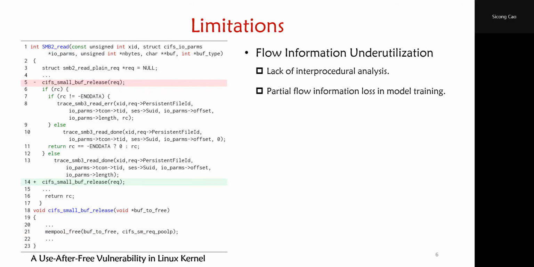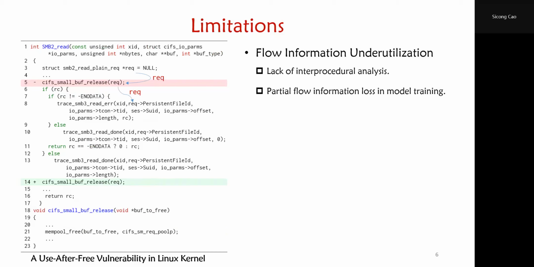The second problem is partial flow information loss in model training. Limited by the capability of popular deep learning models in handling multiple relations, partial flow information is lost during the process of model training. Still take this vulnerability as an example. To detect this vulnerability, data flow information is necessary. We can capture the precise flow direction of the pointer from line 5 to line 8.